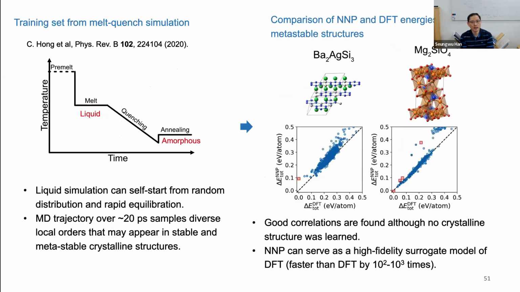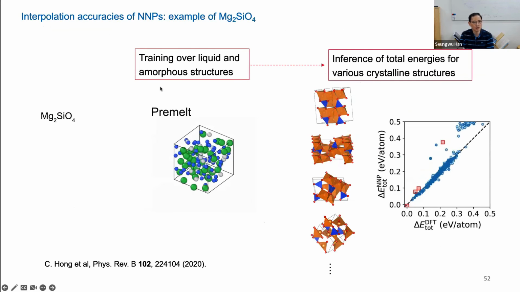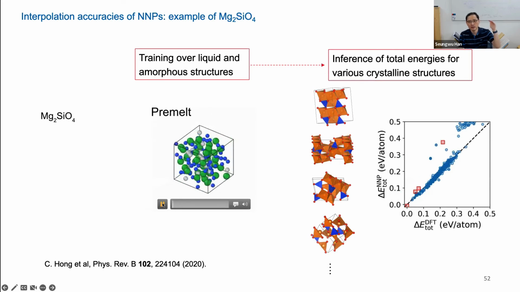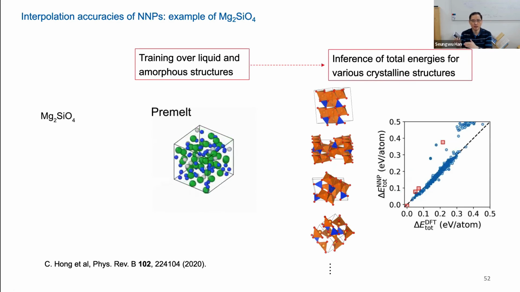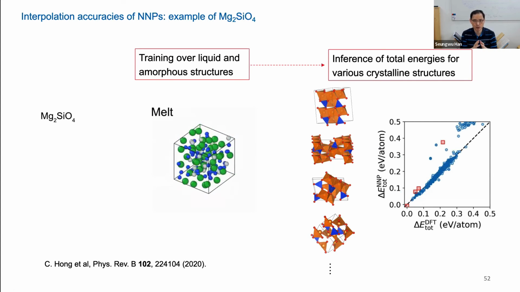So we proposed some years ago making use of multi-quench simulation. I will show you the next slide here, it will be better. So instead of the crystal structure, we apply melting of the liquid and cool it down. Then you obtain the amorphous structure. These are disordered structures.